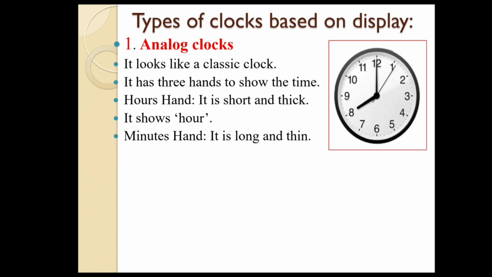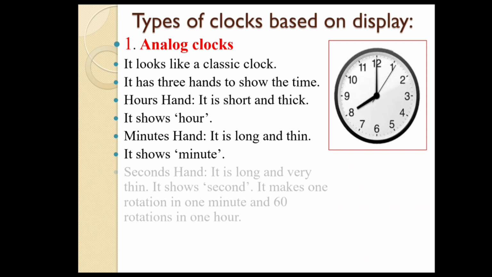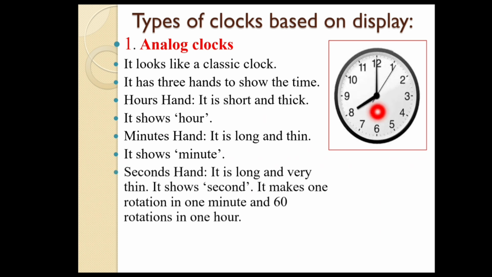The minute hand is long and thin. You can see here near 12, that is the minute hand. It shows us minutes. The last one is very thin. It is thinner than the minute hand. This is called the second hand. It is long and very thin.